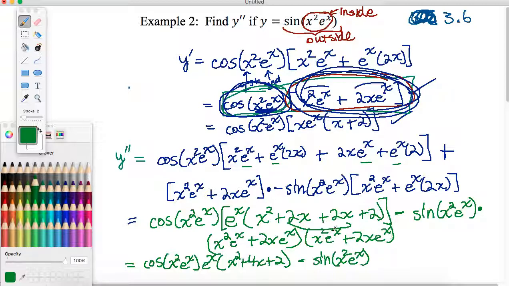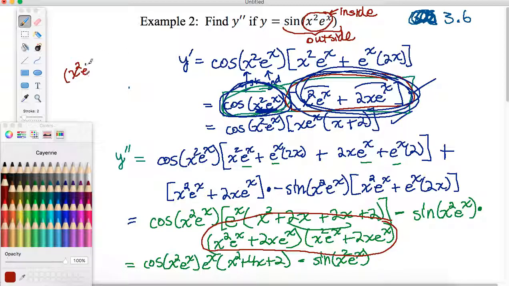And if I notice here, there's an e to the x in this expression, there's an e to the x in this expression, and actually, if I really think about it, this expression right here is x squared e to the x plus 2x e to the x quantity squared. Well, both of those terms have an e to the x in them, right?